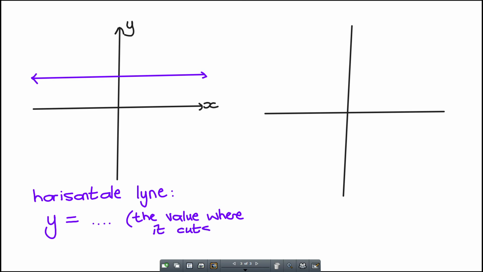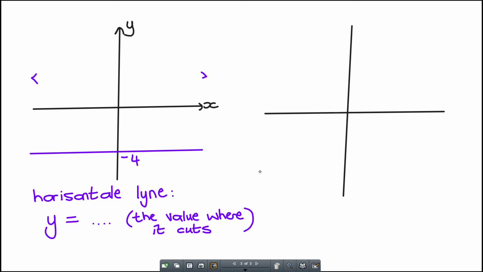Does that make sense? As ek dit so skryf. Met ander woorde, as hierdie was, hy sny daar by 6, dan was die vergelyking van daai lyn, y is equal to 6. Does it make sense? Okay, if I did this, and I say that is where y is minus 4, then the equation of that line will be y is equal to minus 4.